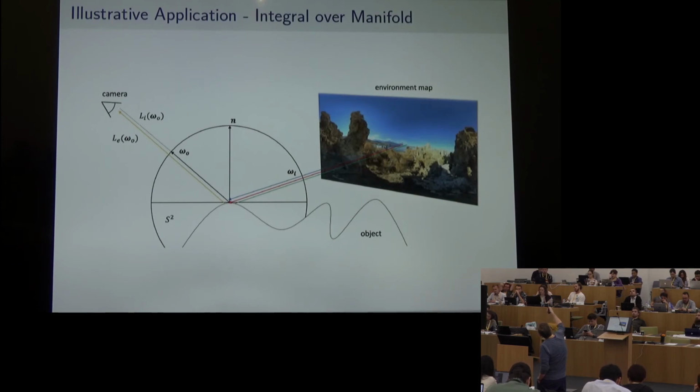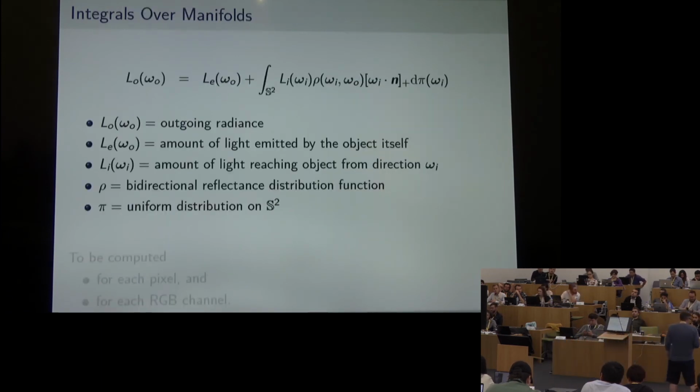So in other words, if we're dealing with red, green, and blue channels, for every pixel in the environment map, we're going to have to compute these three integrals here. And the integrals look something like this. I mean, this is not really important.